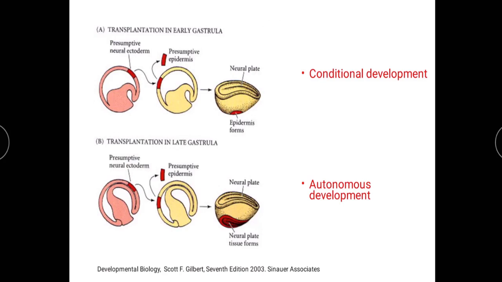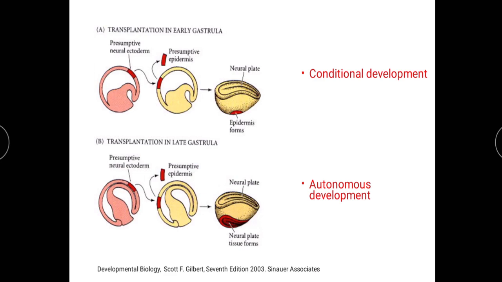Spemann demonstrated that the early gastrula cells are uncommitted, meaning their fate is not fixed, but in the late gastrula the fate is fixed or somewhat determined.